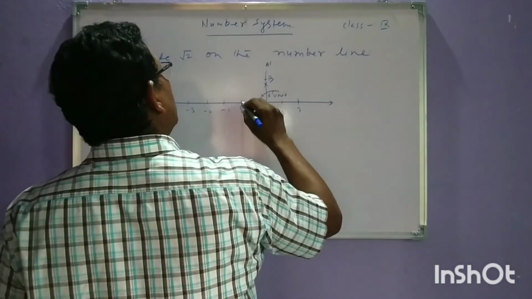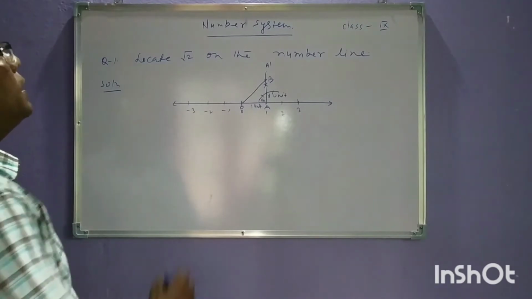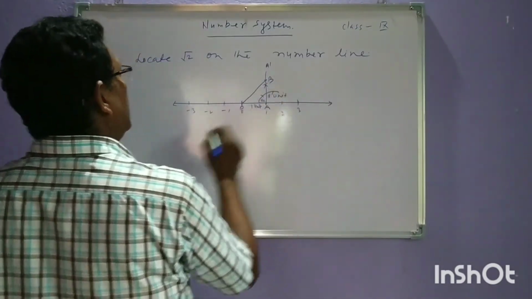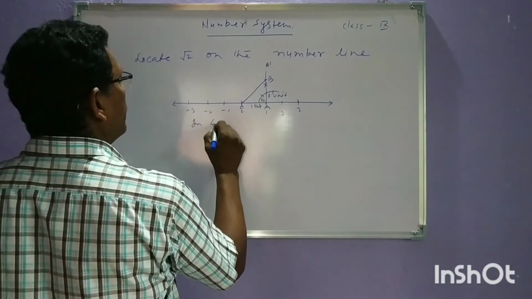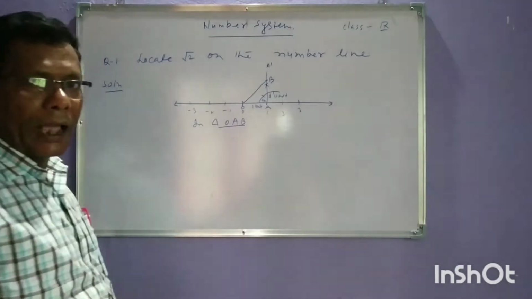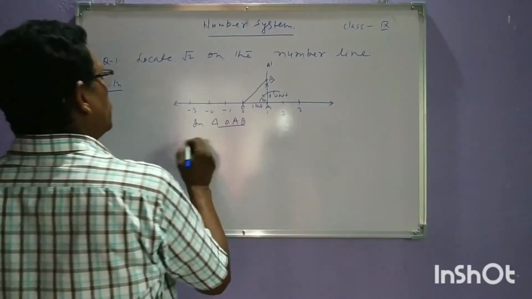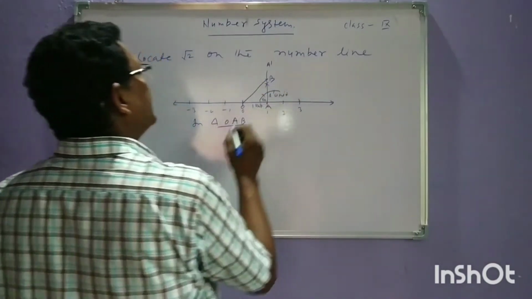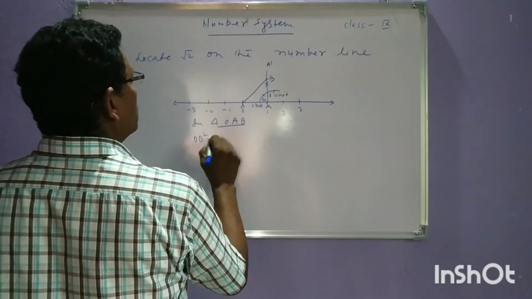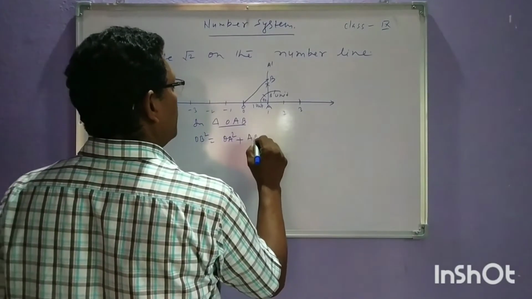Now we join O to B. Here in triangle OAB, we will apply Pythagoras theorem. Pythagoras theorem says OB square equal to OA square plus AB square.